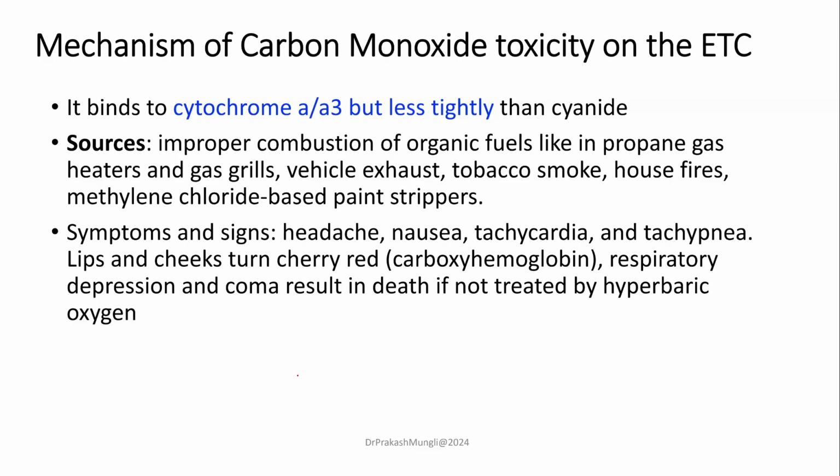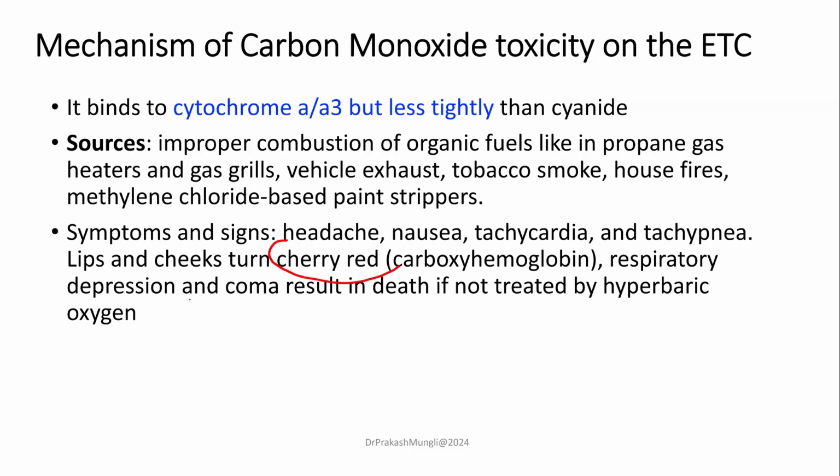Gas grills, barbecue. Somebody doing a barbecue standing there, they feel a headache later. They won't notice it if it is mild. Vehicle exhaust, tobacco smoke, even chlorine-based paint strippers, they are all sources of carbon monoxide. Symptoms and signs include headache, nausea, tachycardia, tachypnea, and cherry red.